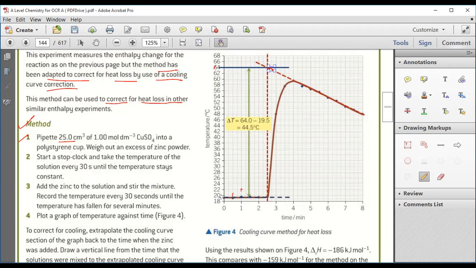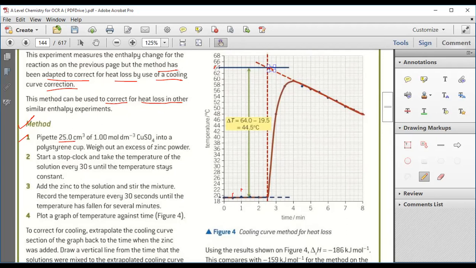The temperature remains at 20 degrees something Celsius. Then, as the reaction starts, the temperature goes on increasing, and at this point it starts decreasing. From the highest point and the starting point, if you extrapolate and correlate them, you will get a temperature of 64 degrees Celsius.